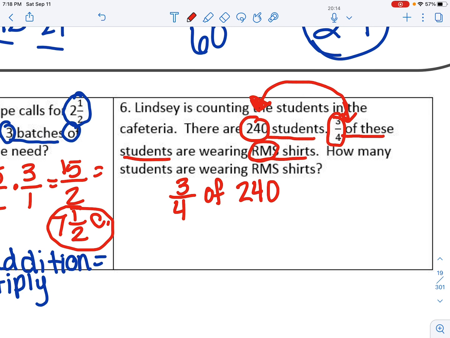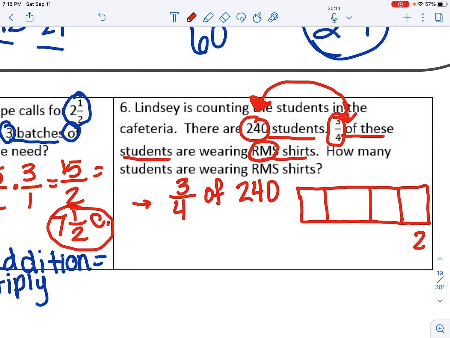Okay, so if I'm not sure how to multiply this, remember I can draw a model. If I see 3/4, I know that my model is going to be in fourths. Okay, I know that my total is going to be 240. Well, half of that is going to be 120. And so that means I'm going to start out at 60.